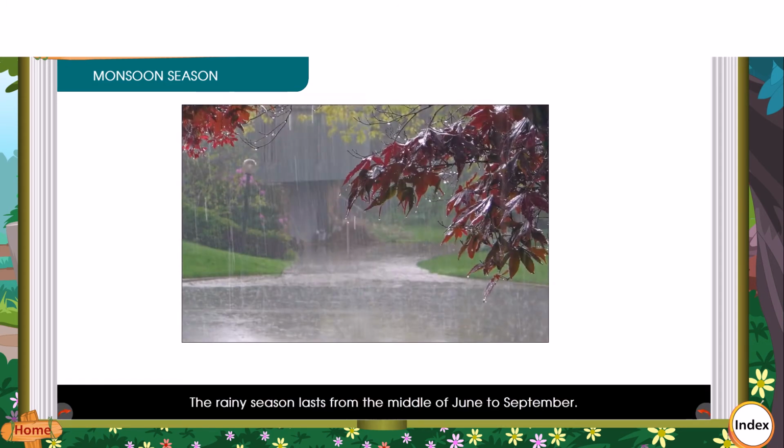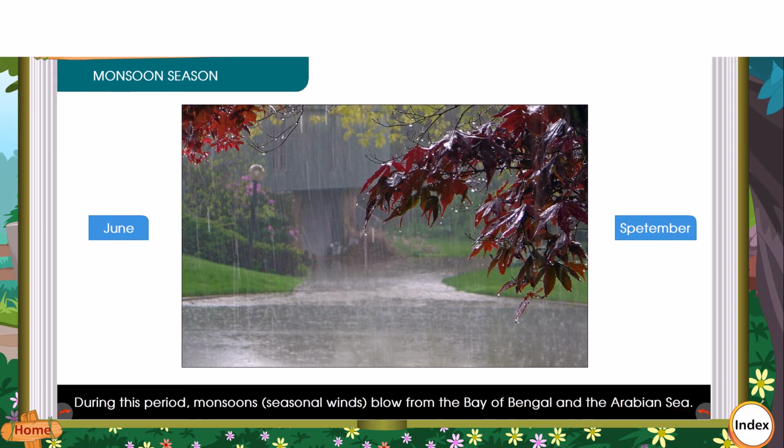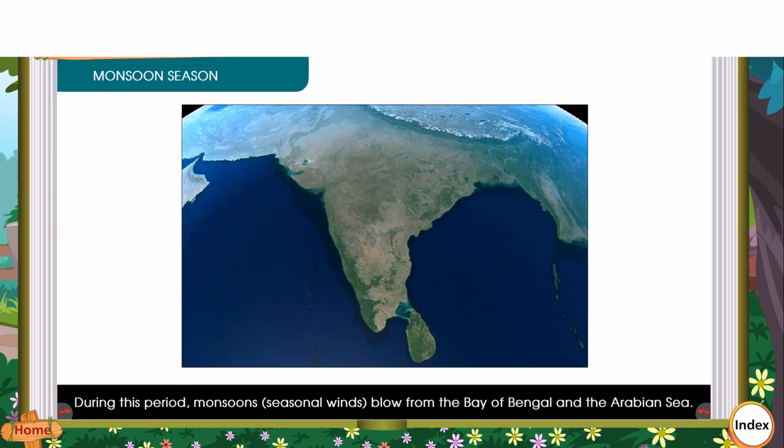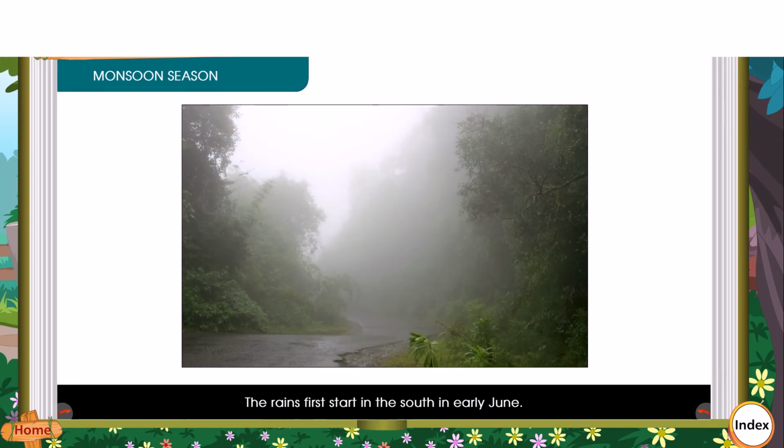Monsoon season. The rainy season lasts from the middle of June to September. During this period, monsoons, seasonal winds, blow from the Bay of Bengal and the Arabian Sea. The rains first start in the south in early June.